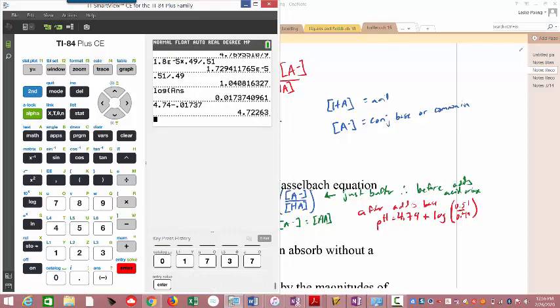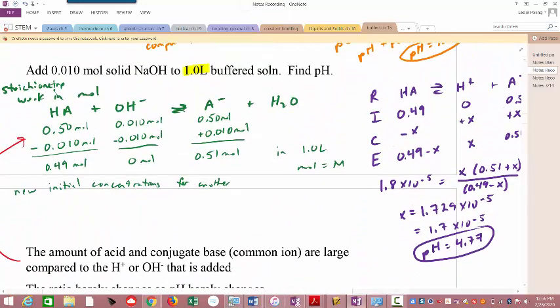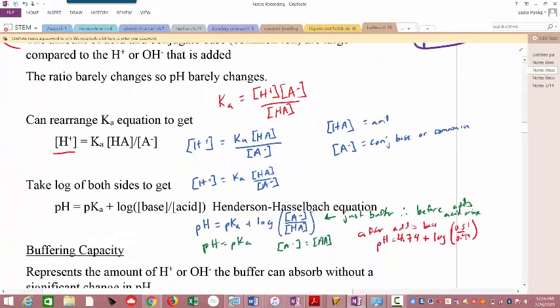Something's not right about that. Let me go back and look. Okay. We should go up to 4.77.